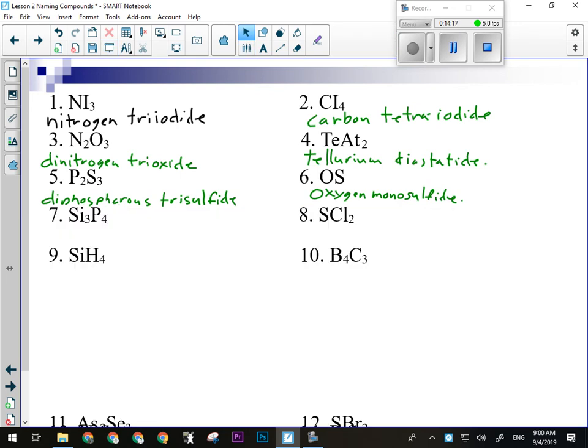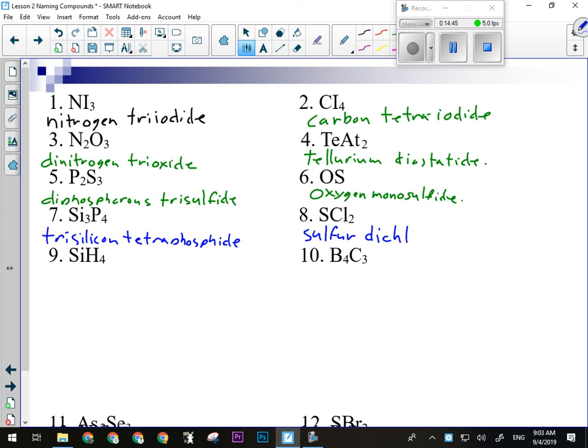Finish them off. 4 more. For number 7, I've got 3 silicon, so trisilicon tetraphosphide. For number 8, I've got 1 sulfur, so I don't need to write anything on it. So I'll have sulfur dichloride.